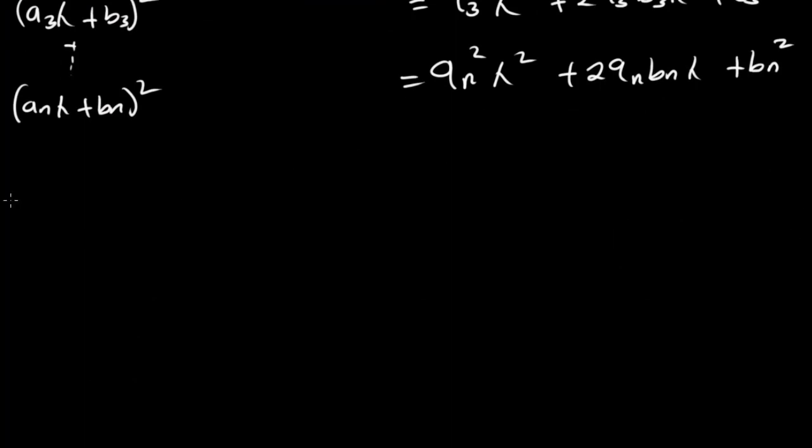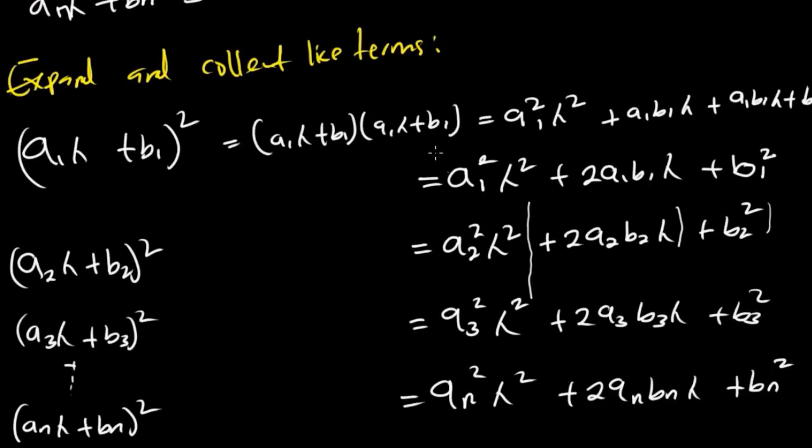So here we are going to have a1 squared plus a2 squared plus a3 squared plus an squared, times lambda squared. So what I just did is to add all these.